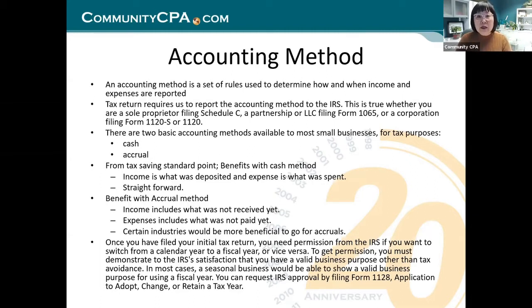It is not a good idea for my Christmas gift shop. Remember, I bought all this inventory in November. And then my vendor loves me so much, they give me 90 days to pay. So I got it in November, and I was selling in November, December, and January, and I only need to pay in February. And if I choose an accounting method of cash, what happens?